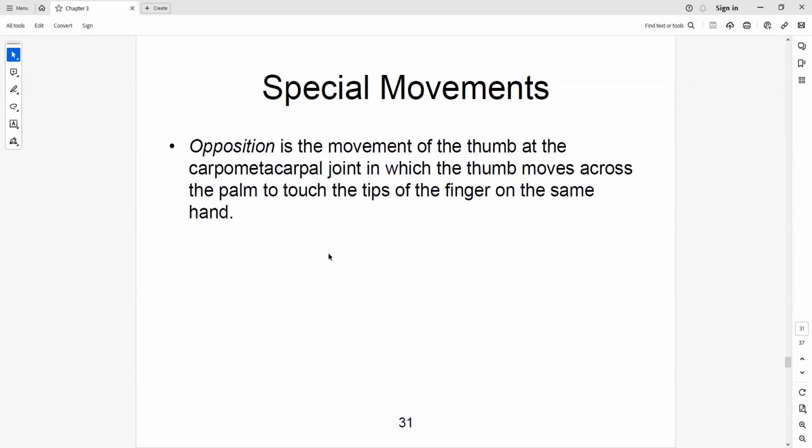Opposition helps us to grab onto objects. Without this movable thumb, the opposable thumb, it would be very difficult to hold onto a utensil or a pen or car keys, and so on.